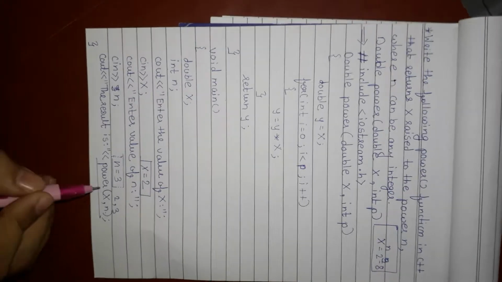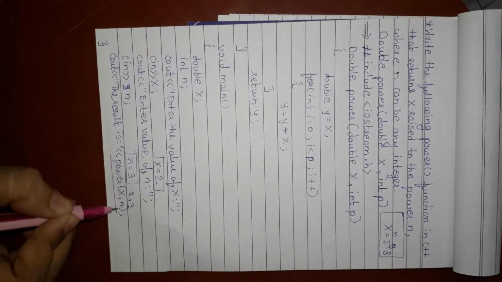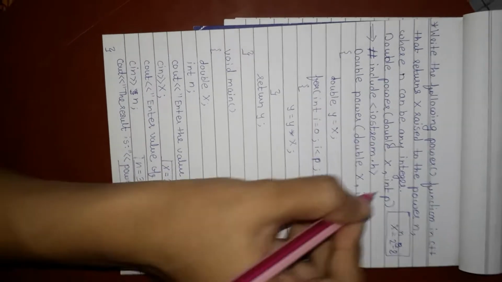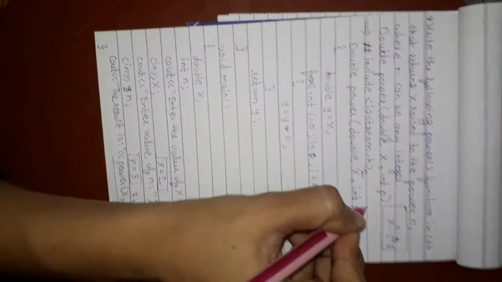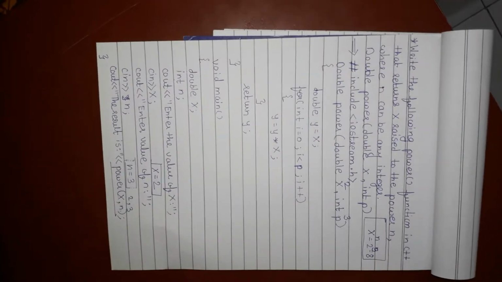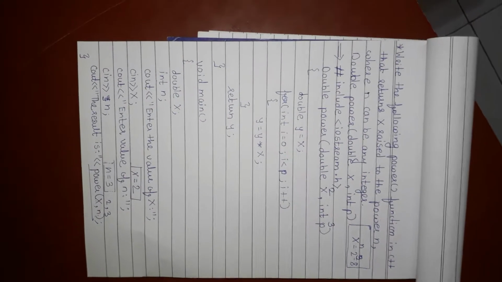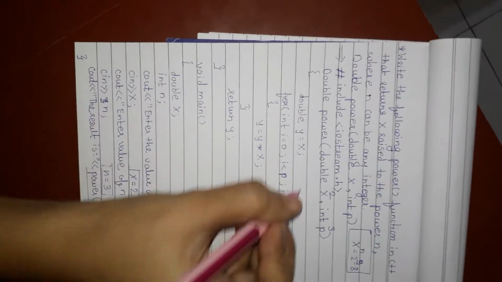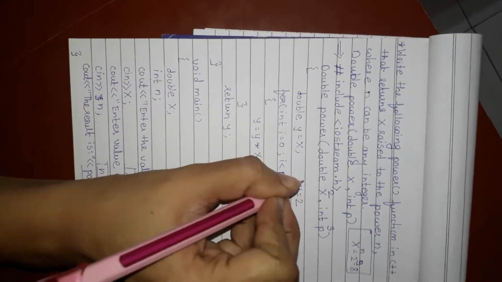The same values are assigned: x is 2, and in place of n we use the variable p, which is 3. Then we have written double y equal to x, meaning we copied the value of x into y. So now y has the value 2.